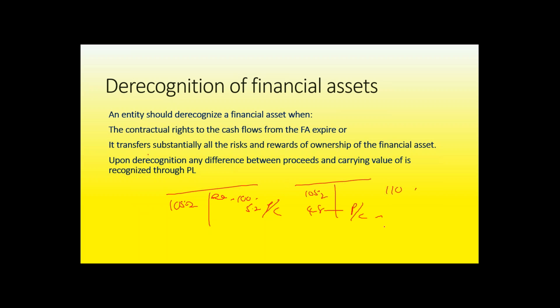You remember that I told you in impairment, we don't recognize the increases. We recognize only the downfalls. But at the closing, it's not a question of recognition, it's a question of actual real fact. I showed it in books 105.2, but you are paying me 110, and that is a realized profit.